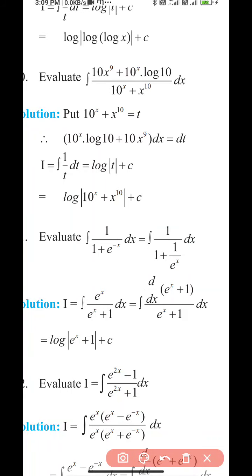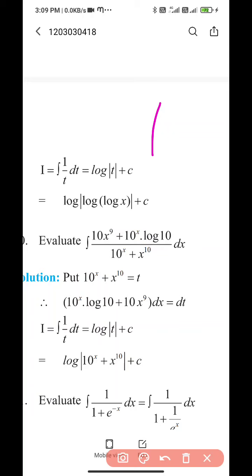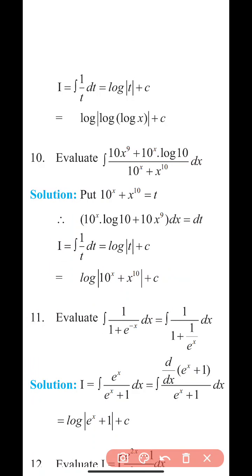Okay, so they have put the denominator as t, they have derived it with respect to x, so that's what they are going to get.